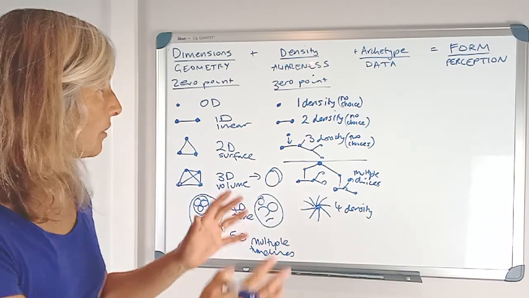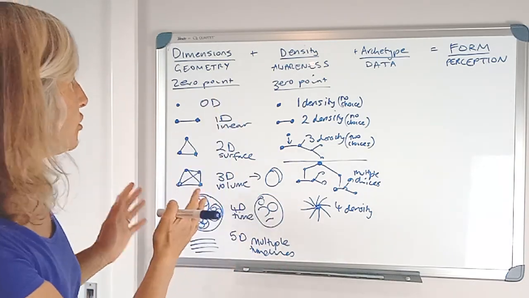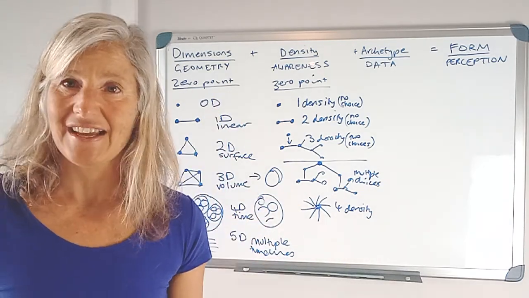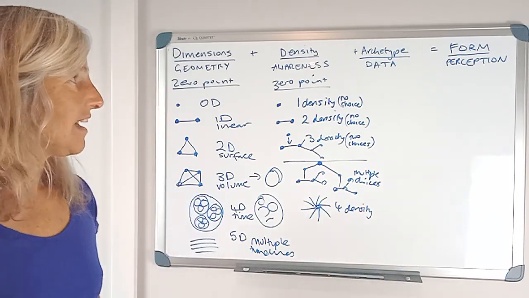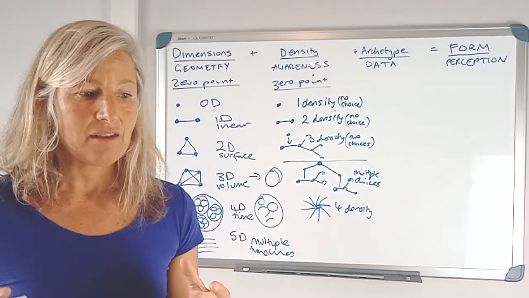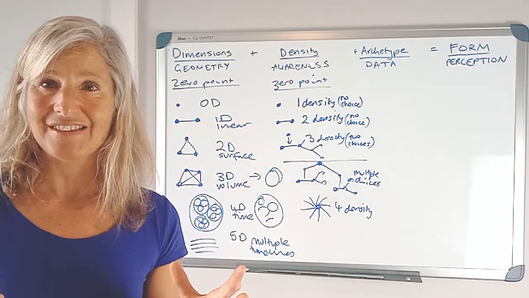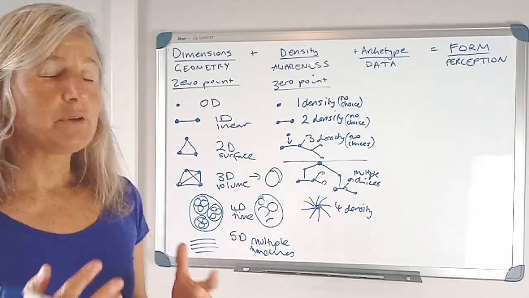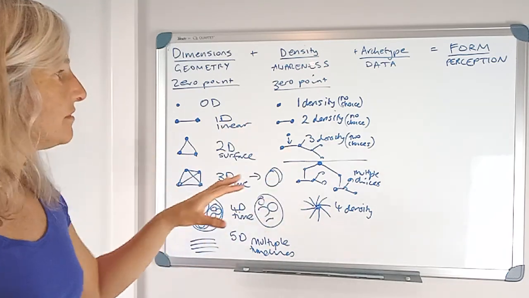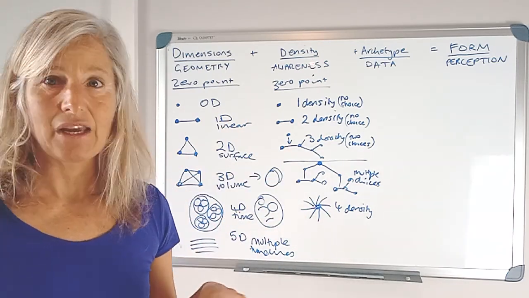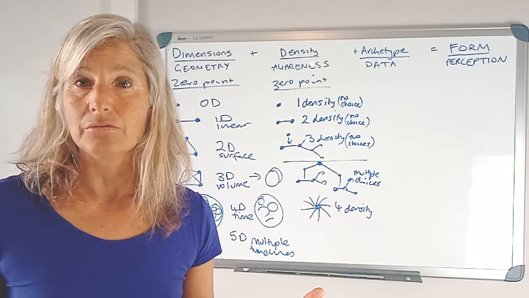So now we've got our awareness and we've got our geometry, and we have to bring in some data. The data is, if you think about it, the numbers that feed the geometry to create the shapes. And there are building blocks to how this is all put together so that it creates new and novel shapes.